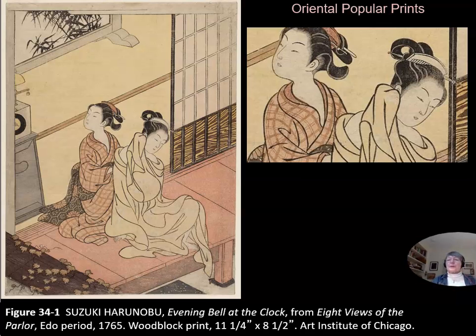Oriental popular prints in terms of style tend to be colorful with flat areas of color and often contain decorative patterns so that they're, I'm going to say, pleasant to look at. They are also very linear, and that means that we emphasize line. If we go over here to the detail, we can see the importance of outline in shaping the figures.